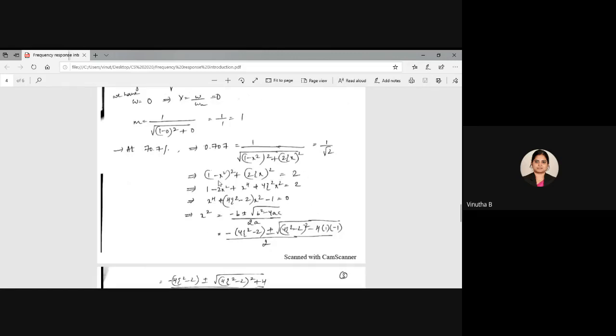So multiply this, you know this is a minus b the whole square. So 1 minus 2x square plus x to the power 4 plus 4 zeta square x square, which is equal to 2.